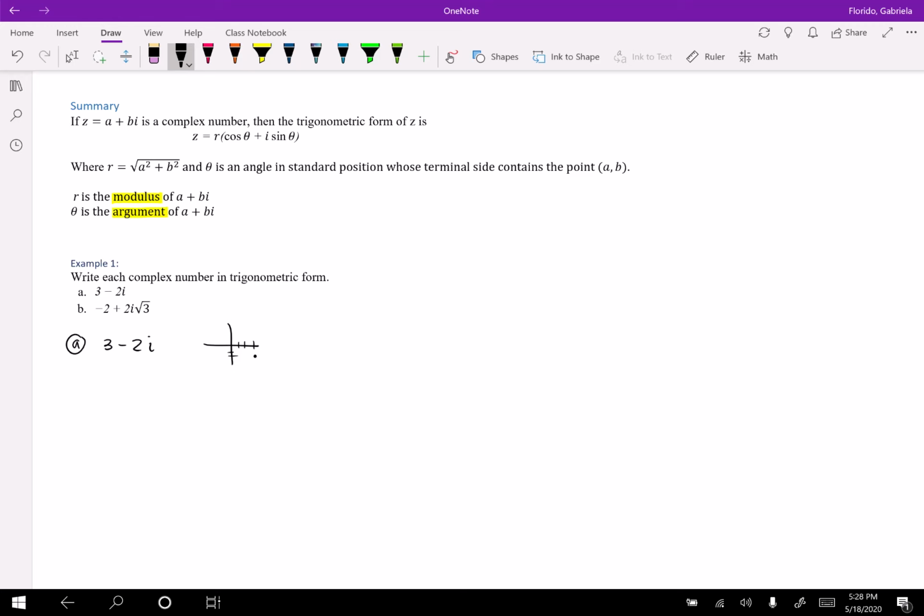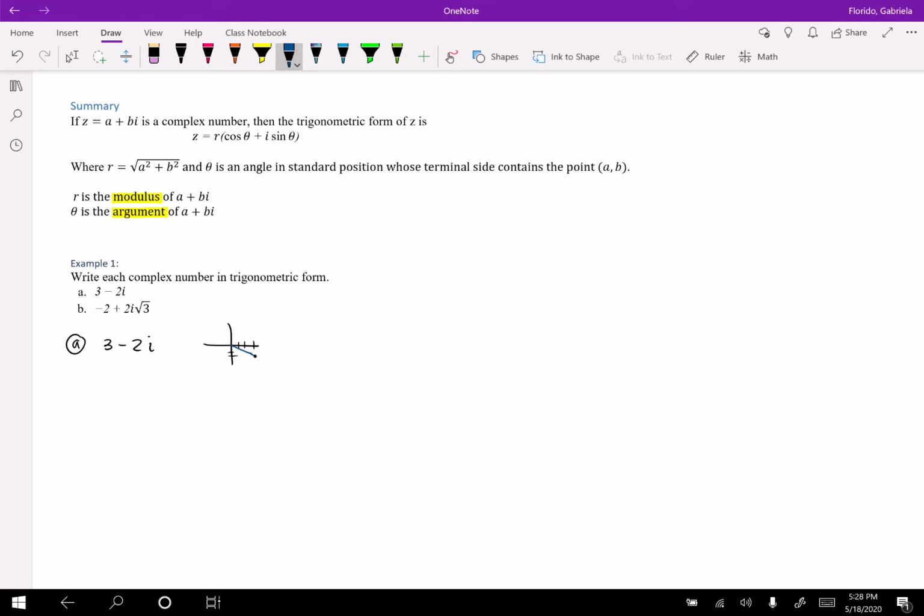So just taking that into account, because when we want to find the argument, we have to take that into consideration. And we have to find our modulus, which is the length from the origin to that point, and we have a formula for that.